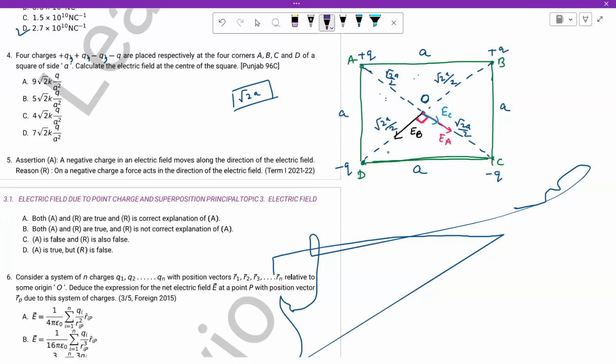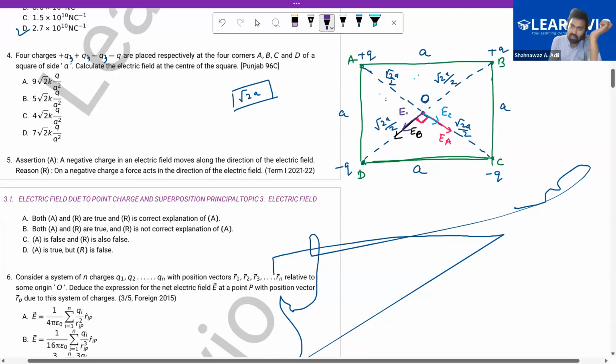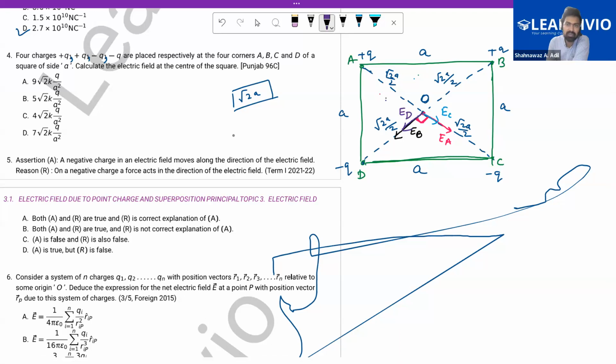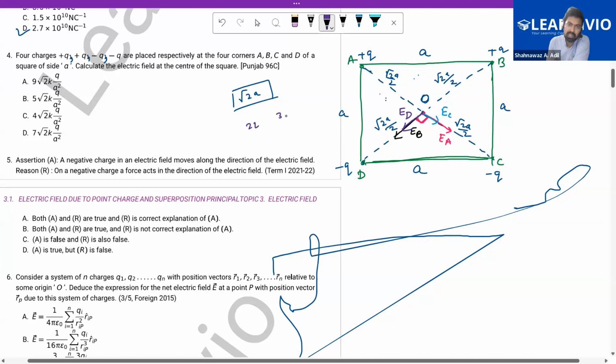The same BD. Absolutely correct. So you see that both are in the same direction. Whenever you have two vectors in the same direction, let's say 2i and 3i, the net resultant would be 5i, right?